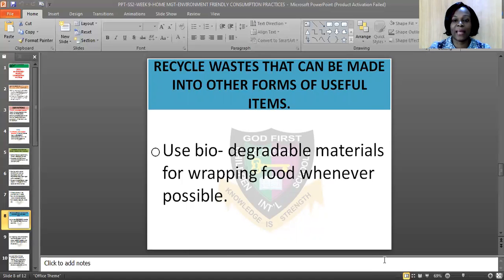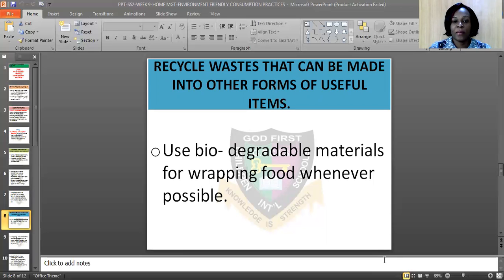Now let us look at the recycled wastes that can be made into other forms of useful items. You know, I've been saying recycling. There are some wastes that you can recycle and use to produce another thing. Like use biodegradable materials for wrapping food whenever possible.